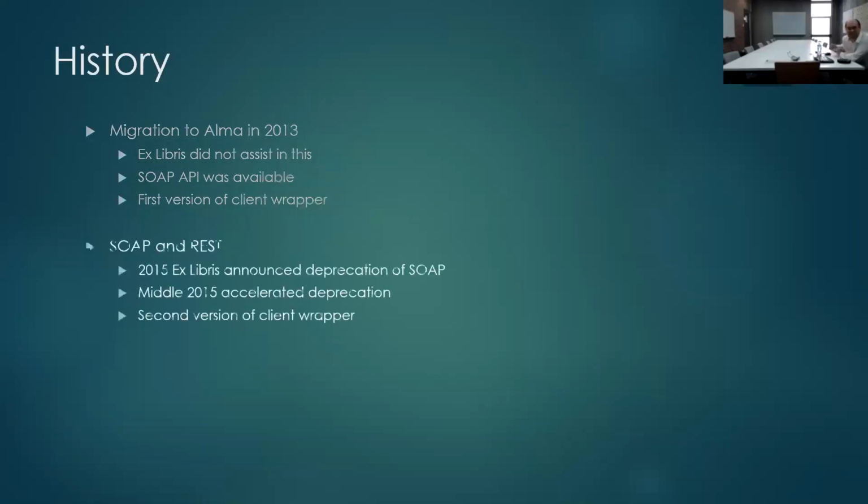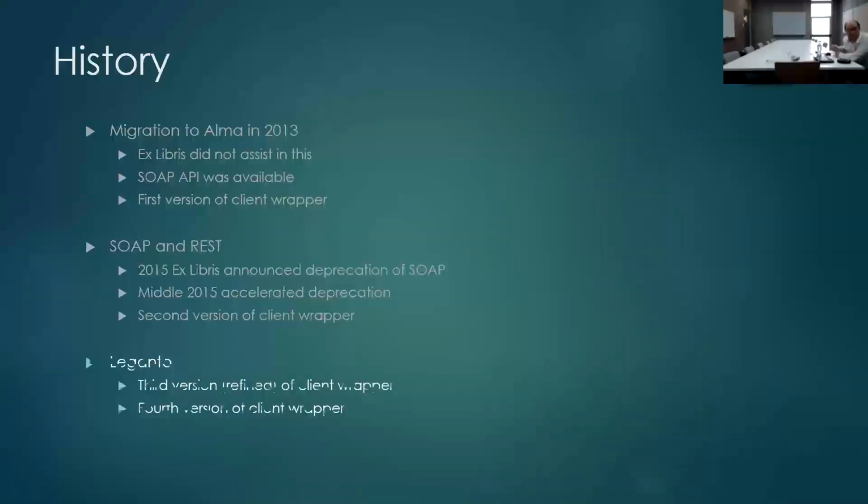Then in 2015, I think it was, Ex Libris announced that the SOAP APIs would be deprecated in favor of the REST APIs. That forced us to rewrite everything into a wrapper client that worked with the REST API. And this was just in time for our first Leganto adoption project that involved integrating with the backend business system.